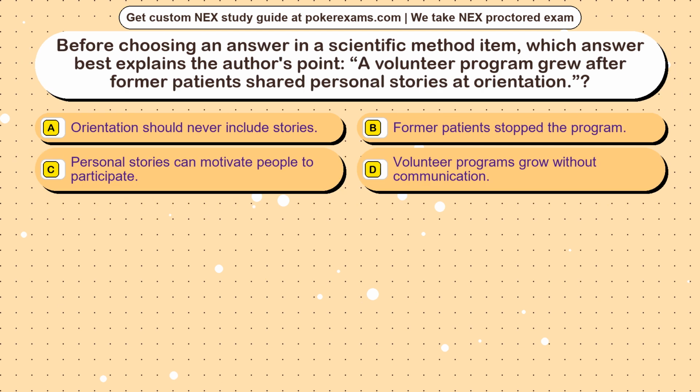Question 9. Before choosing an answer in a scientific method item, which answer best explains the author's point? A volunteer program grew after former patients shared personal stories at orientation. Option A, orientation should never include stories. Option B, former patients stopped the program. Option C, personal stories can motivate people to participate. Option D, volunteer programs grow without communication.